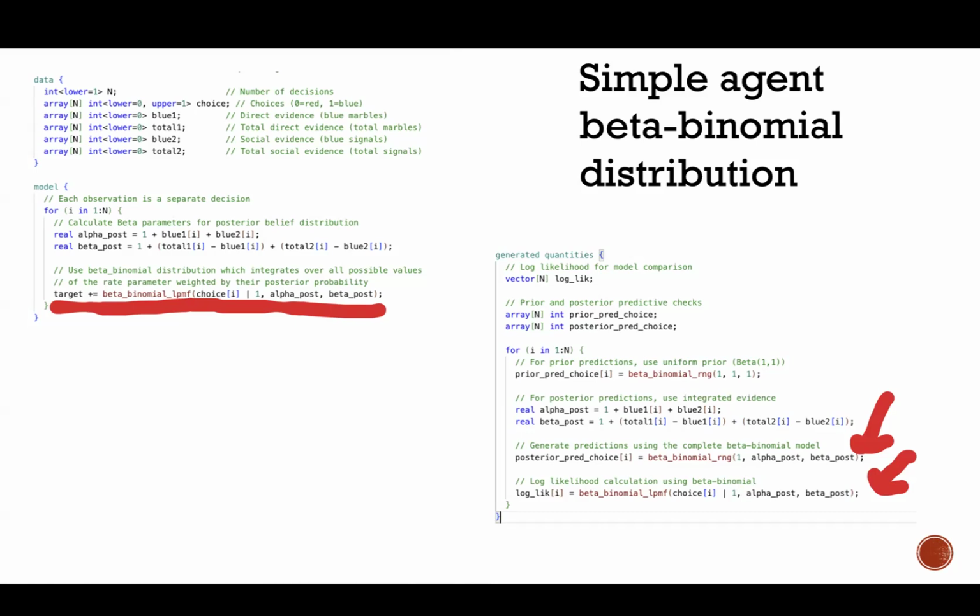Since this is a conceptualization that we're not the first ones to deal with, there is a distribution that actually does these two steps in one. And that's called the beta binomial. Beta binomial LPMF, where the choice is given by trials because it's a binomial.